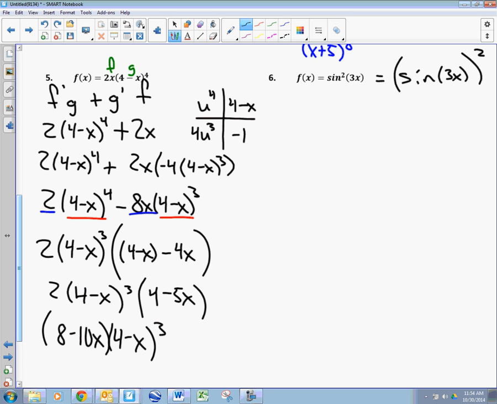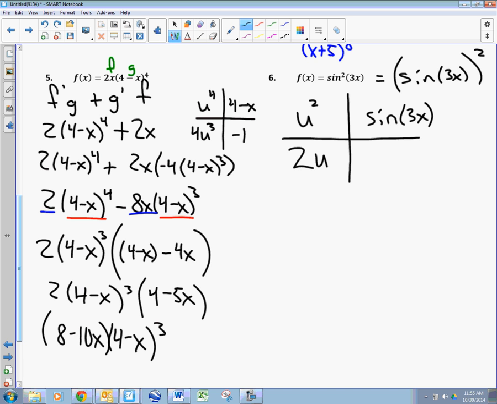So we set up the chain rule. The last thing we do is square it. So the outside is going to be u squared. What is it that you square? Sine of 3x. What's the derivative of u squared? 2u.